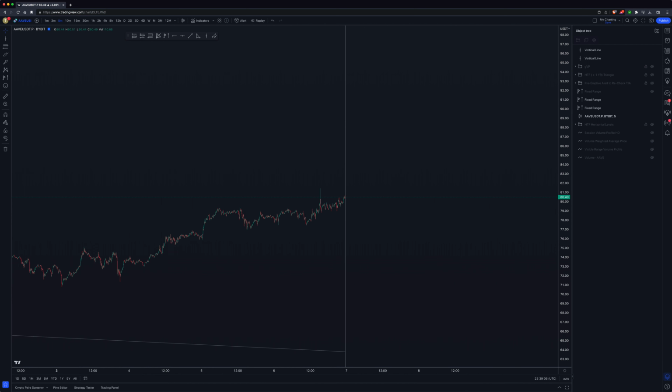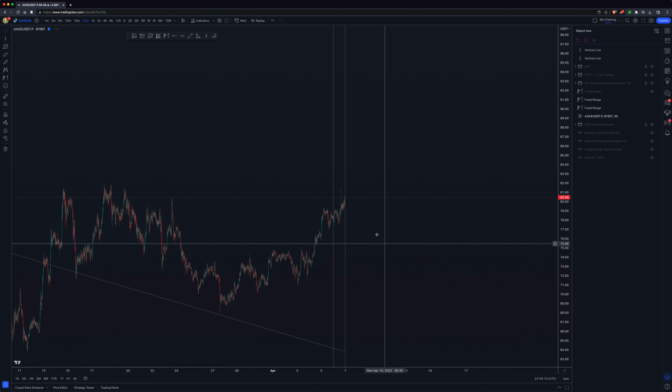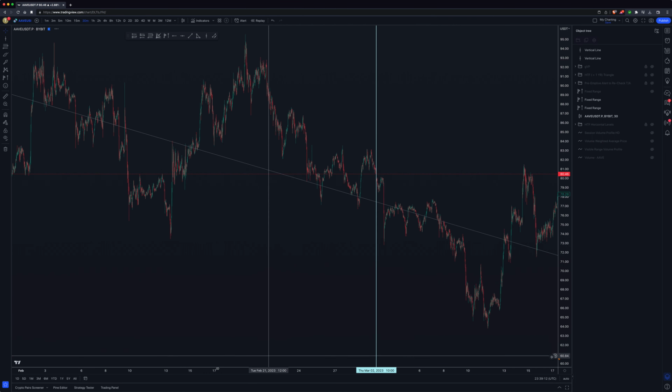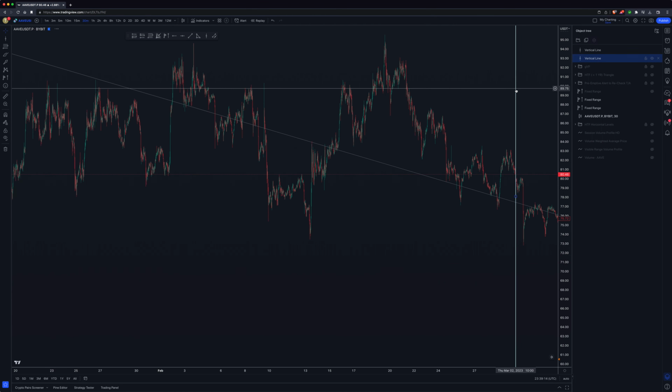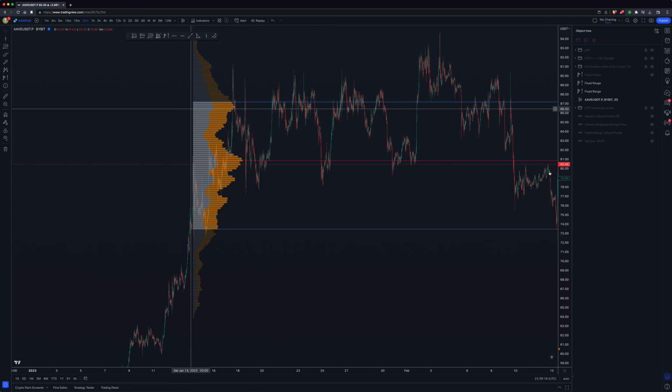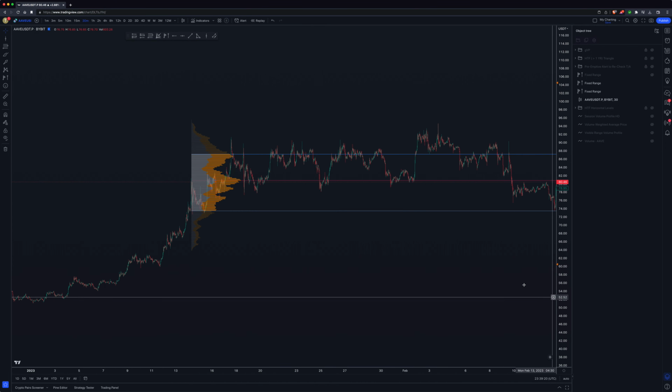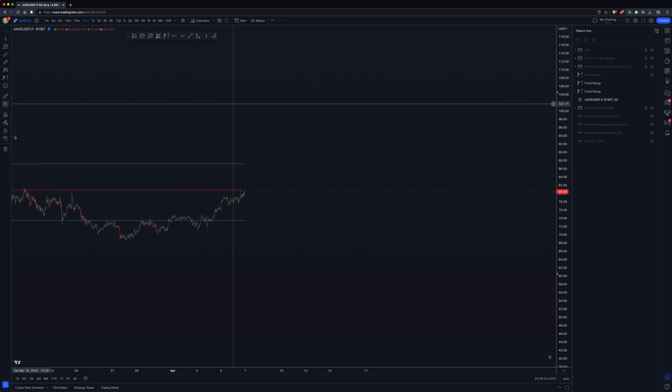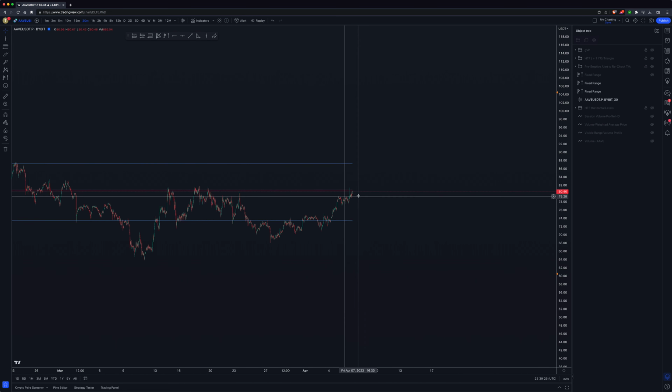It doesn't mean a whole lot though, just to be fair. Move this now. So this is still the point of control. Okay, so it's a good short to take on that, honestly.